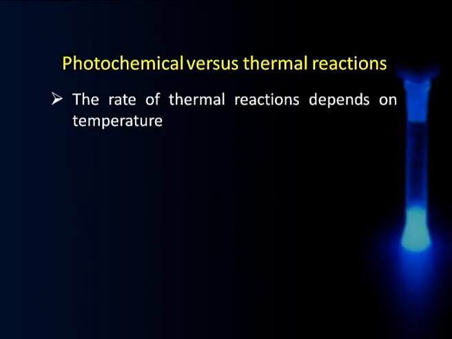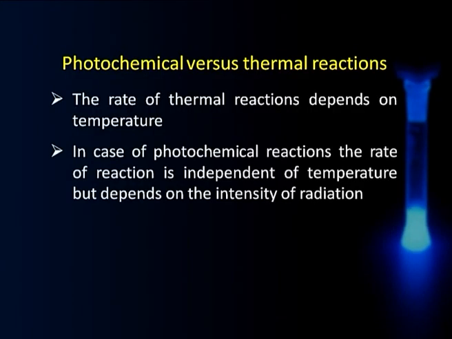Now, yet another point of differentiation, the rate of thermal reactions depends on temperature. If you increase the temperature, the rate increases. We all know that fairly well. That is, typically for any chemical reaction, a 10 degree increase in temperature roughly doubles the rate of reaction. So, all of us are familiar with that. But as against these thermal reactions, in case of photochemical reactions, the rate normally is independent of temperature, but it depends on the intensity of radiation.